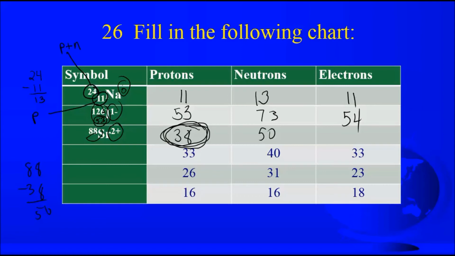If the positives are beating the negatives by 2, how many negatives must you have? 36. Don't say 2, please. 2 is not going to be the answer for any of these. If the positives are beating the negatives by 2, and you have 38 positives, how many negatives do you have?